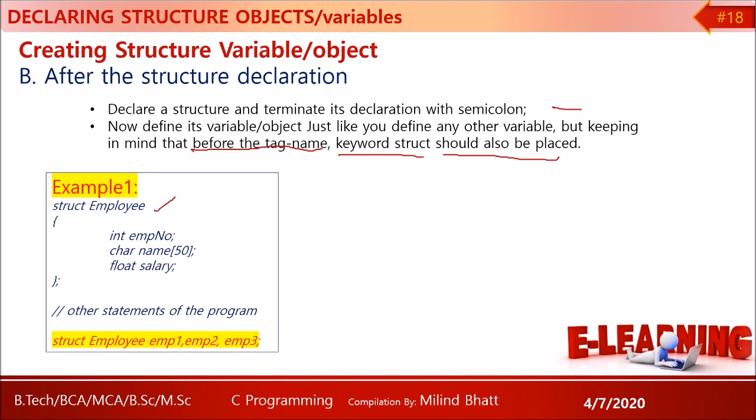Struct employee, mention all its members, terminate it with a semicolon, and later on in your program, whenever required, use your structure name followed by the list of all the objects, keeping in mind that this structure name should have the keyword struct in its initial position. So struct employee, this whole line, and then the list of all the variables separated by commas.